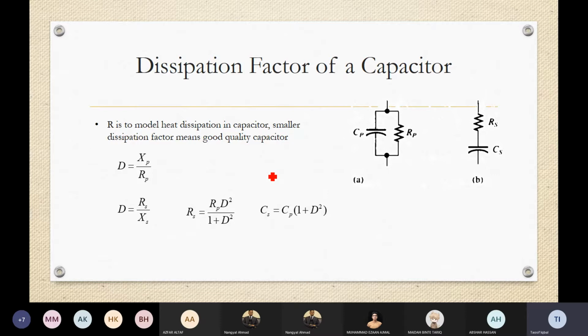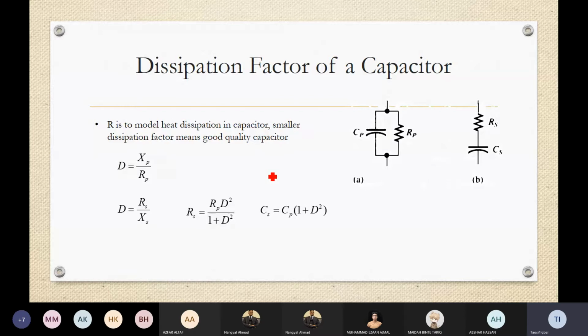So there could be two possibilities: the parasitic resistance connected in parallel, whose value cannot be neglected, or the resistance connected in series, whose value cannot be neglected. In both cases we can find out the value of the dissipation factor.